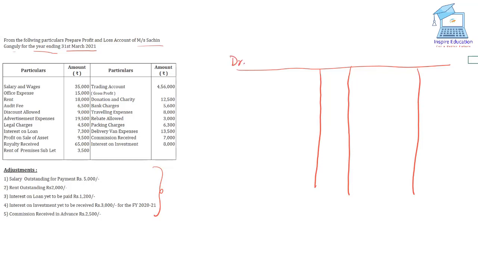In the debit side, all expenses and losses, and in the credit side, incomes and gains. Means all expenses will appear in the debit side and all incomes and gains will be appearing in the credit side.